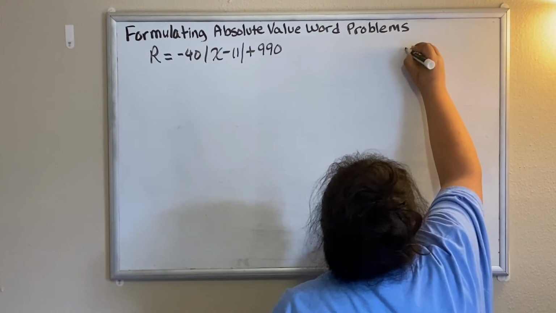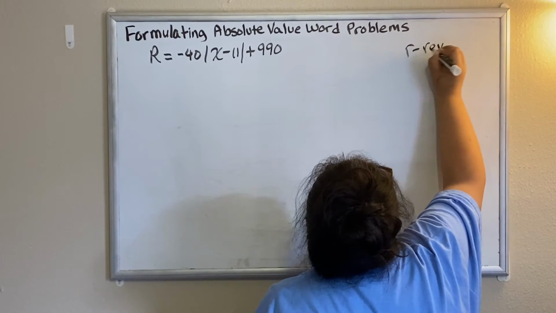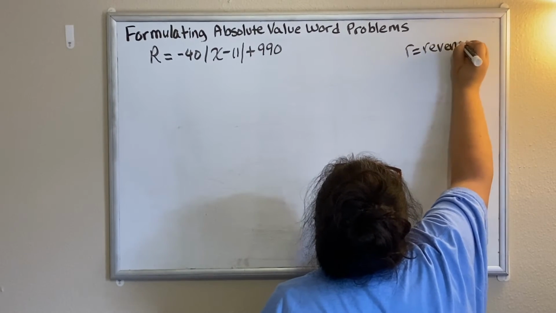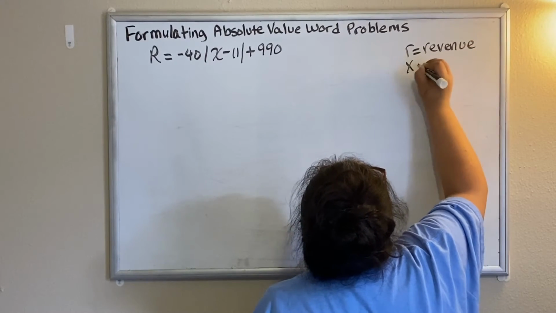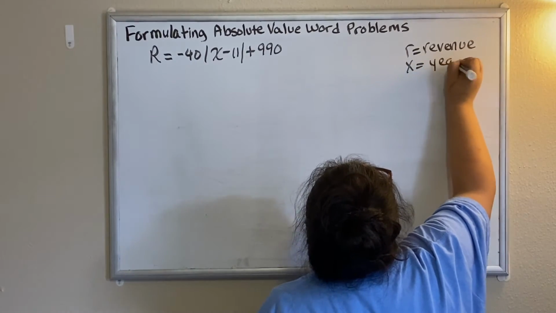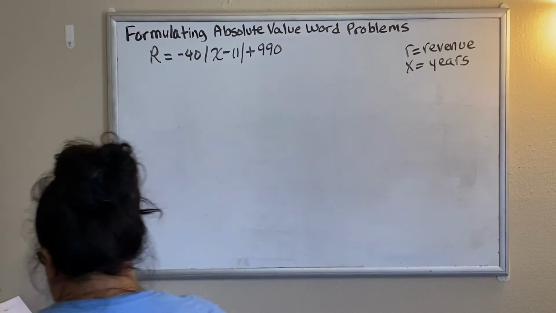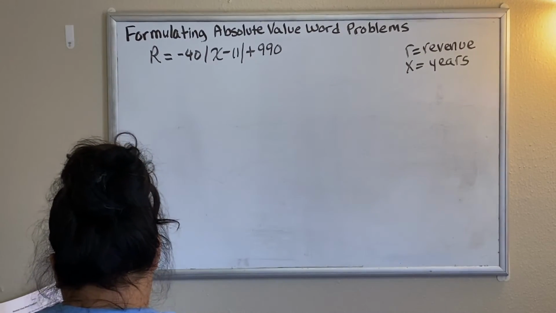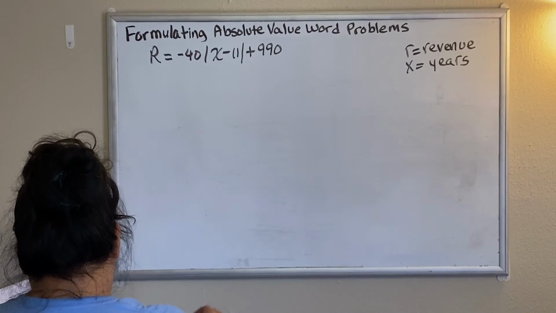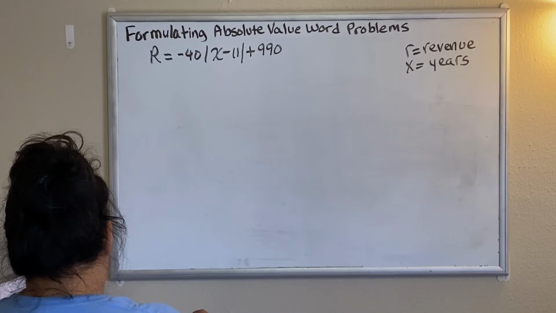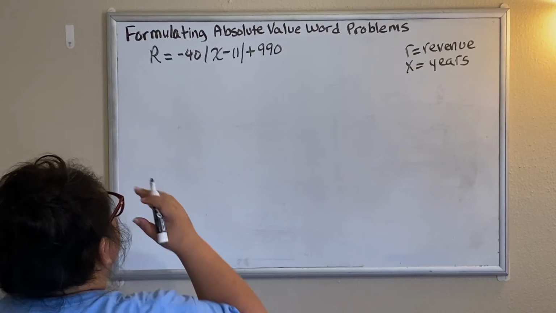So R is revenue, and X is in years. Now, it asks us, in what years was the passenger revenue 790 million?